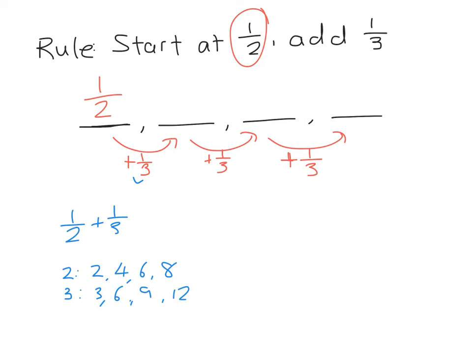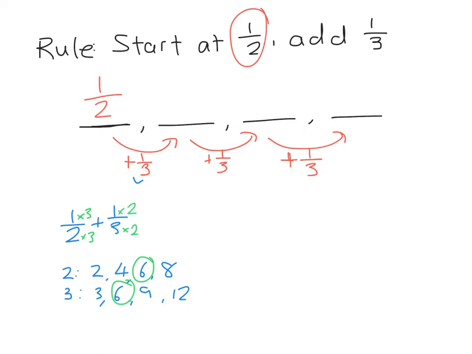Okay, our least common multiple will be 6. Alright, so we need to get half to sixths, so that would be times 3. Whatever you do to the bottom, you do to the top. For thirds, to get to 6, 3 times 2 is 6, so it's times 2. Whatever you do to the bottom, you do to the top.